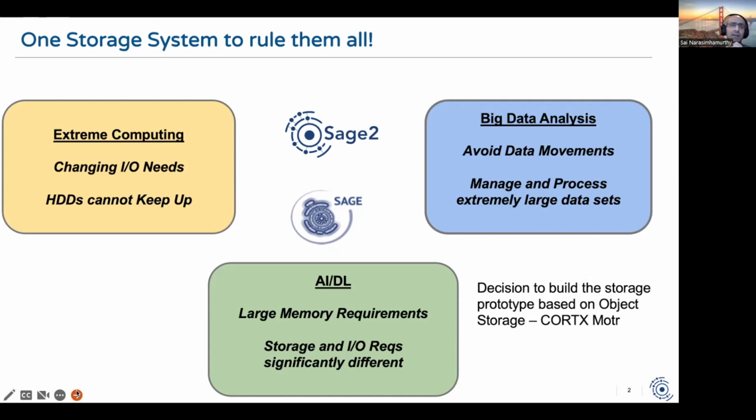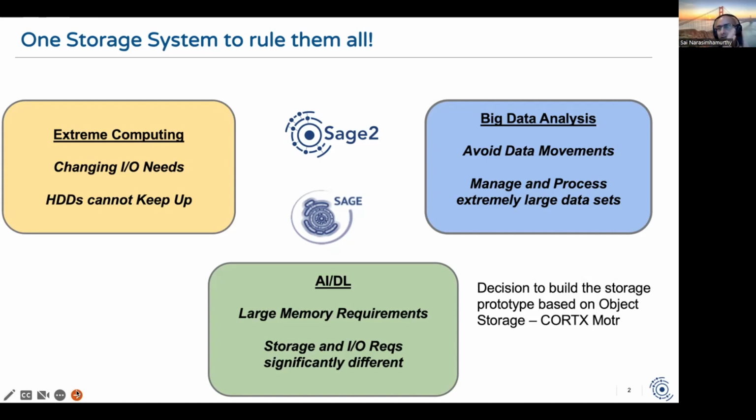Typically for supercomputers, for HPC, you build one storage system. And for big data analysis, you build a different storage system based on Hadoop and MapReduce and these kinds of things. And for extreme scale computing, it's a parallel file system. AI and DL is more memory intensive.